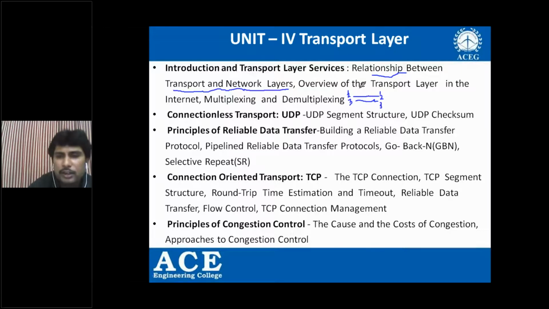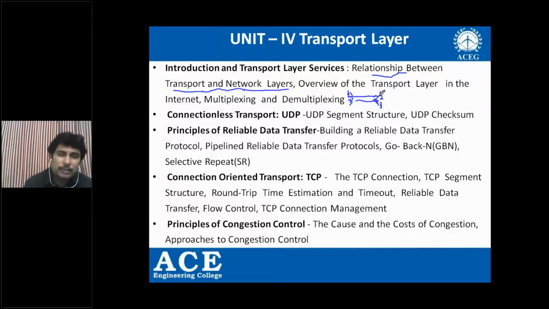So combining multiple units into one, that is many to one, is called multiplexing. And at the receiver we have one to many, called demultiplexing. So we are going to understand what multiplexing and demultiplexing mean, and how the transport layer implements this phenomenon.